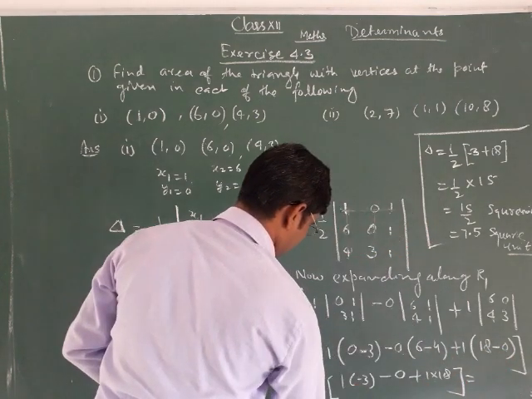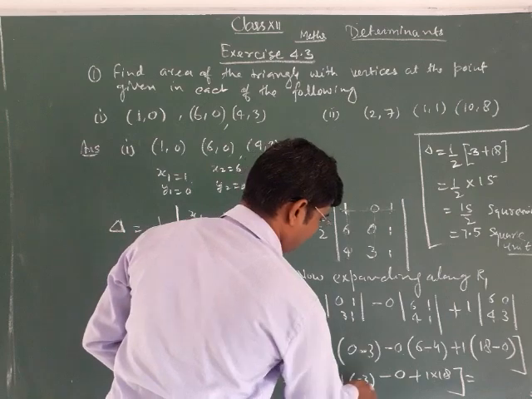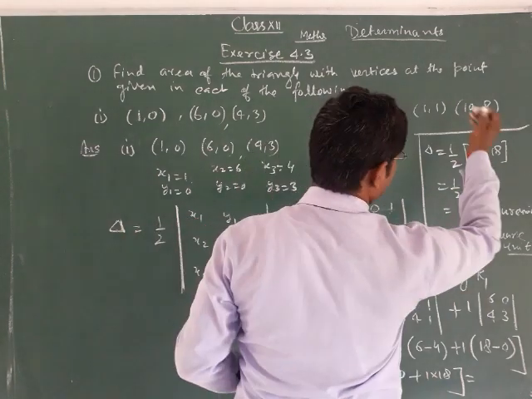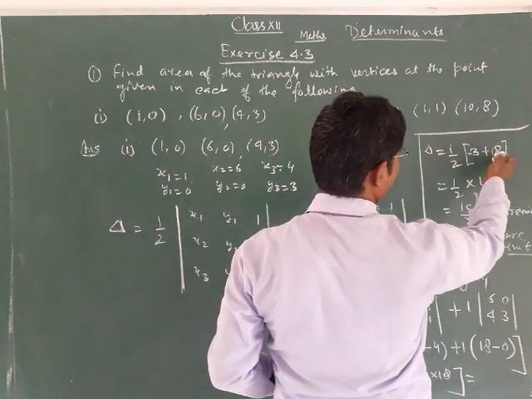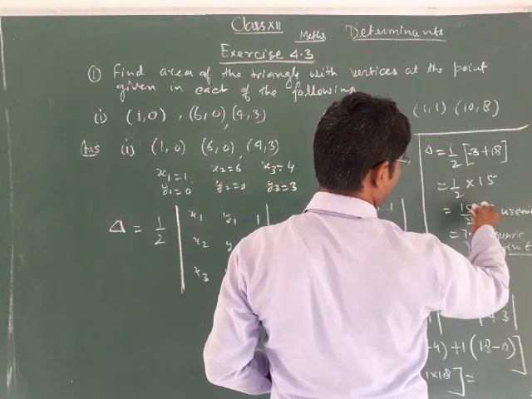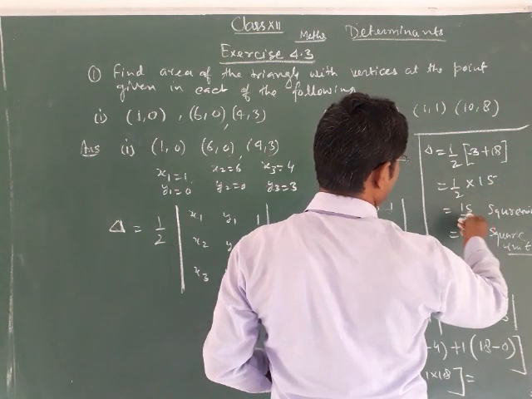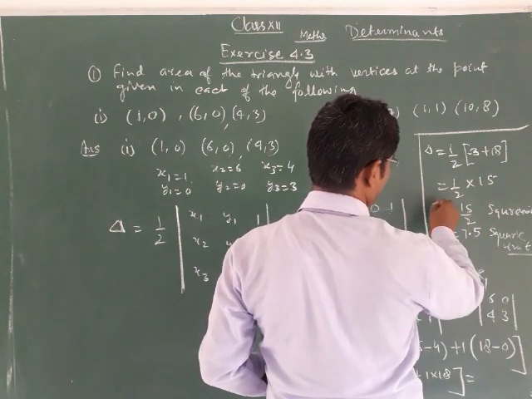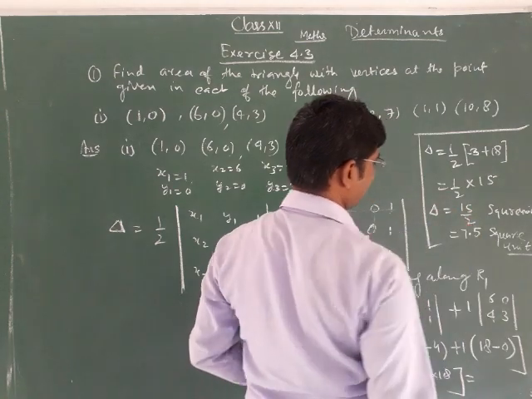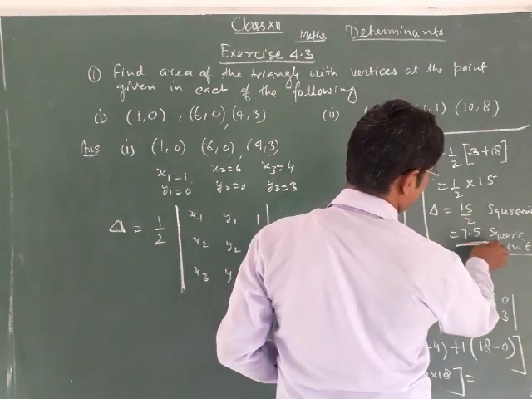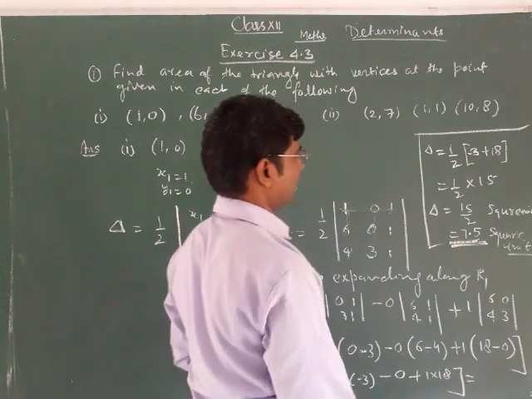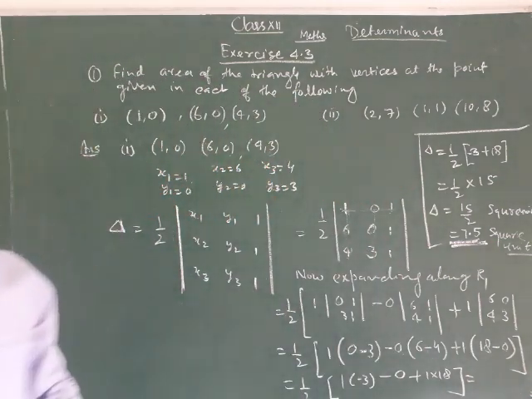Now also calculate 1 by 2 times (minus 3 plus 18). So 1 by 2 times 15, 15 upon 2, this is the area of the triangle: 15 upon 2 square unit. This is 7.5 square unit.